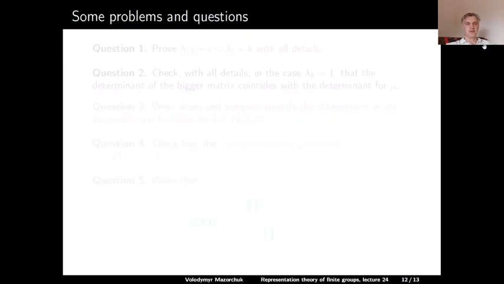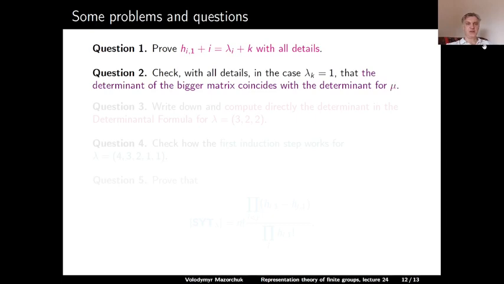So let us finish with some problems and questions. Question 1. Prove with all details that h_i(1 plus i) is equal to lambda_i plus k. Question 2. Check with all details that in the case lambda_k is equal to 1, the determinant of the bigger matrix in our induction step coincides with the determinant for mu.